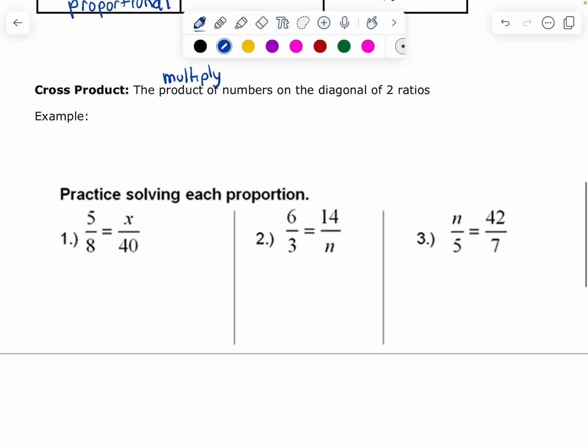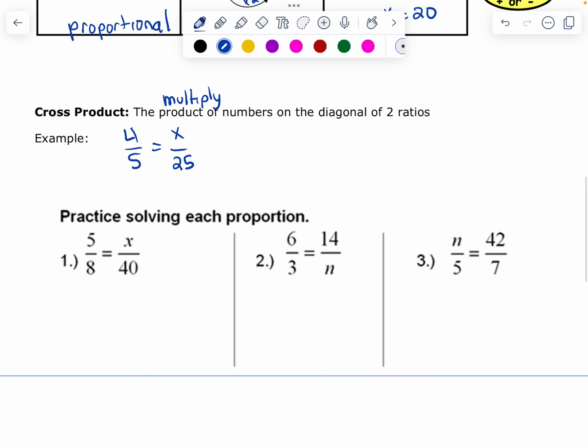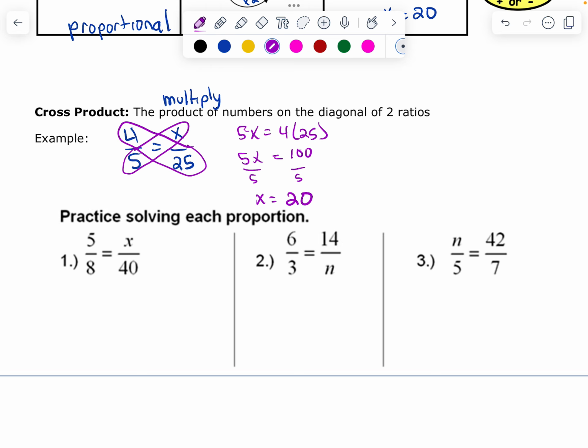So if we have 4/5 equals x over 25, and I want to do cross products, I'm going to multiply this to get 5x, and I'm going to multiply this, and 4 times 25, and 5x equals 100. Divide by 5, x equals 20.